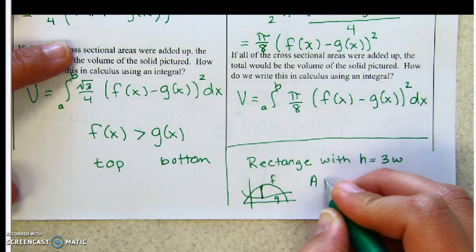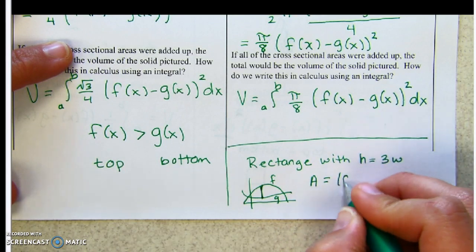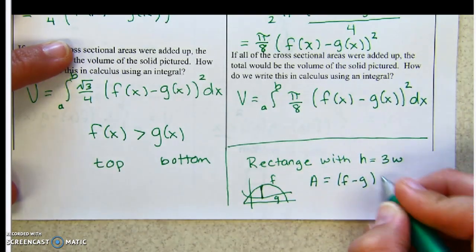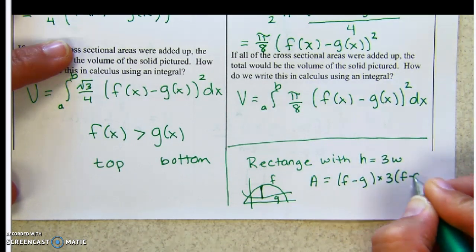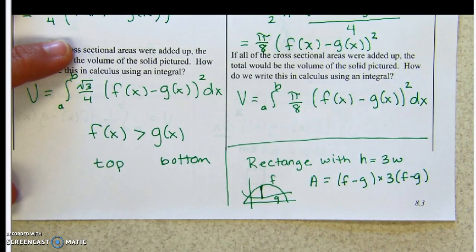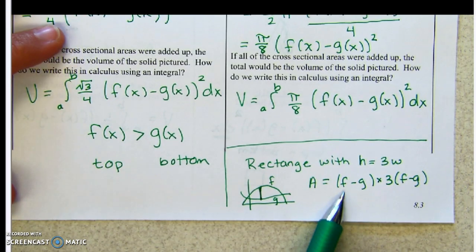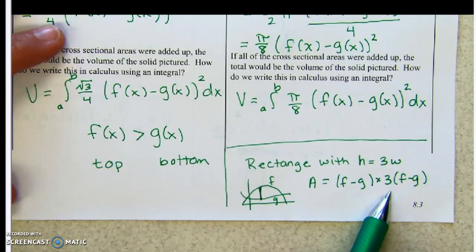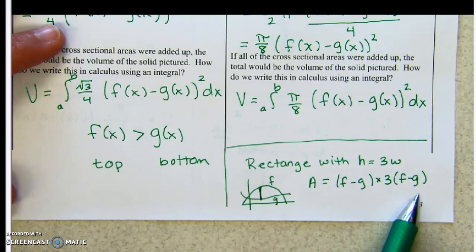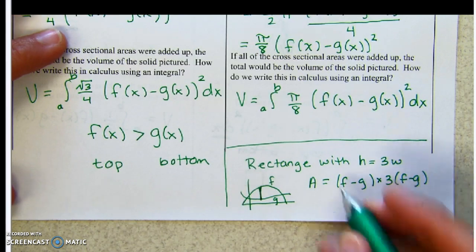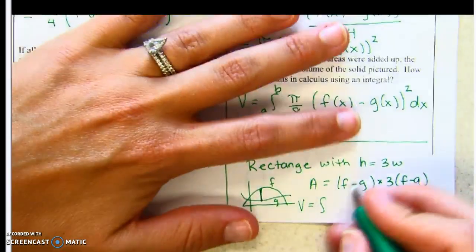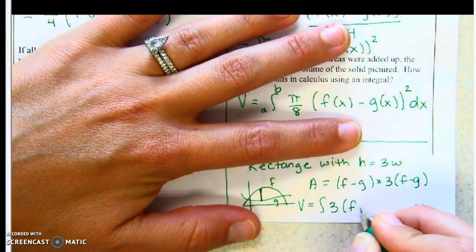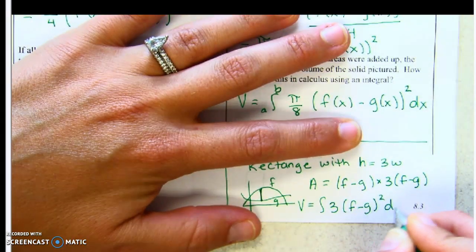So the area of one rectangle will be f minus g times 3 times f minus g, because the height is 3 times the width. And so the volume would be the integral of 3 times f minus g squared.